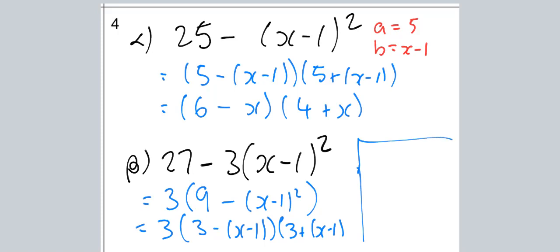And that's equal to 3 multiplied by, so 3 minus minus 1 is 4, so 4 minus x, multiplied by 3 minus 1 is 2, 2 plus x. And that would be the fully factorized version.